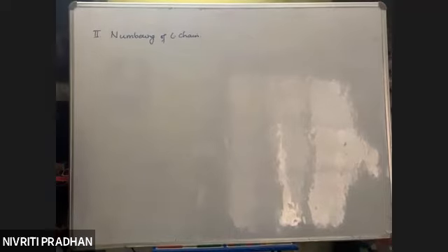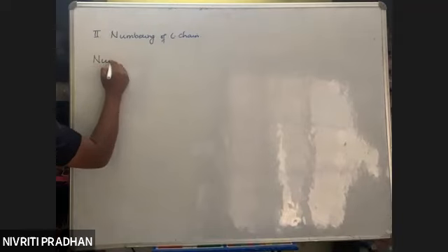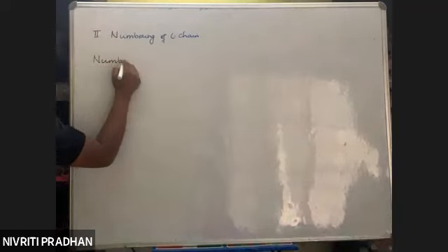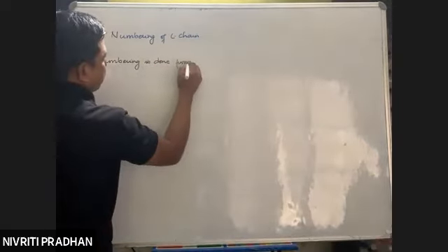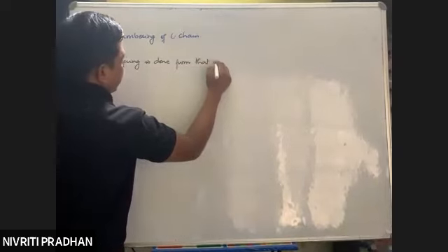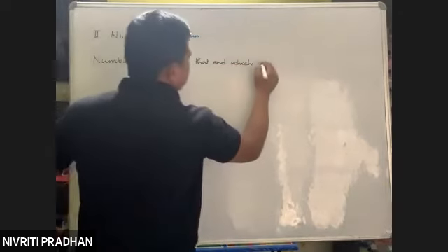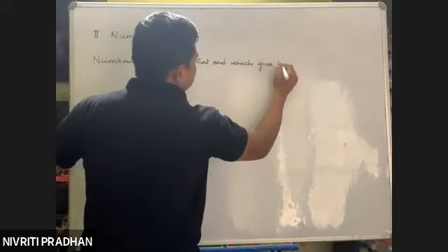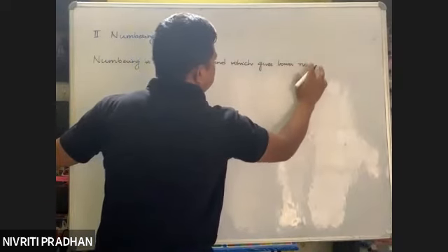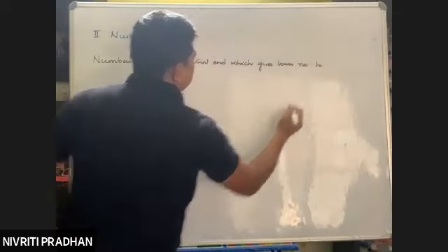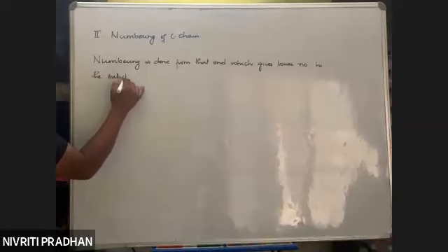Numbering is done from that end which gives the lowest number or highest priority to the substituent.